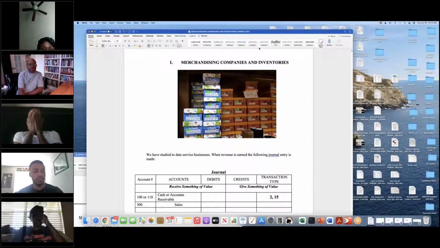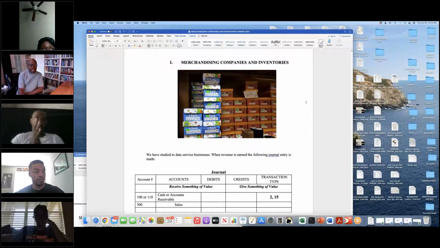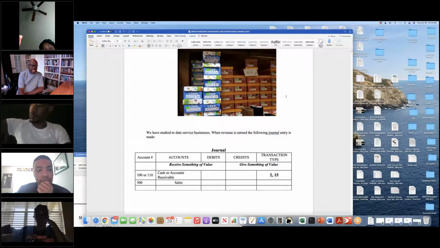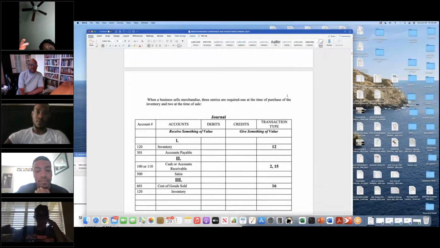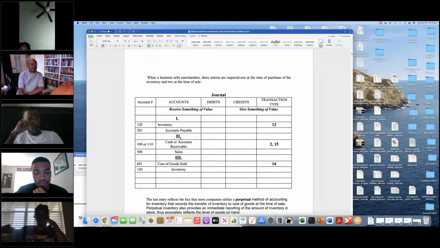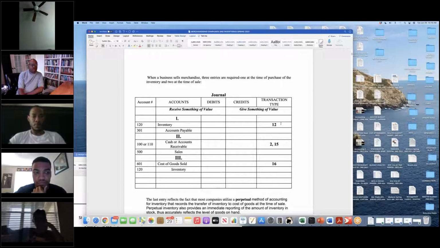So let's review what we worked on yesterday, which is merchandising companies and inventories. The key thing that we said was that when you sell inventories, there's 3 journal entries. A type 12 journal entry when we buy the inventory.